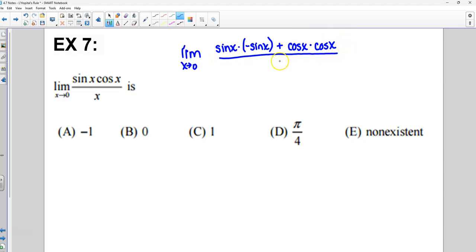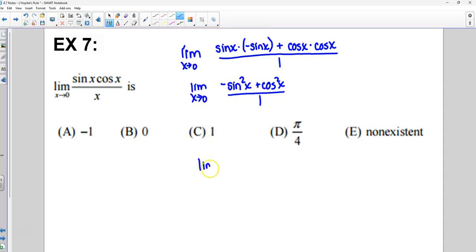What's our derivative of x? 1. So if we want to simplify this a little bit, that is negative sine squared x plus cosine squared x over 1.